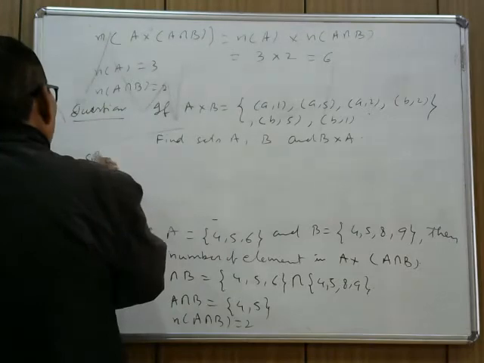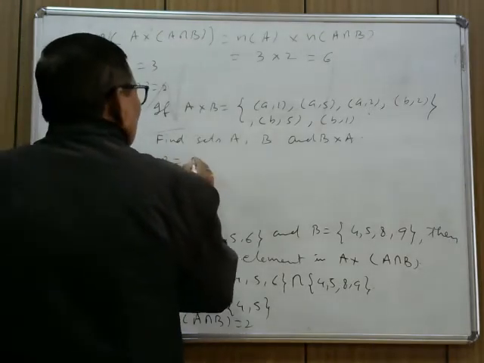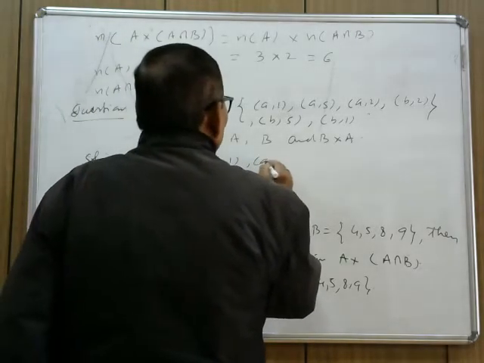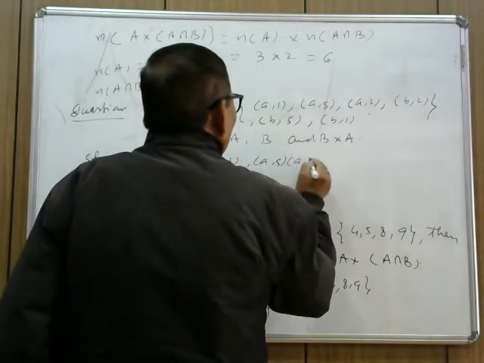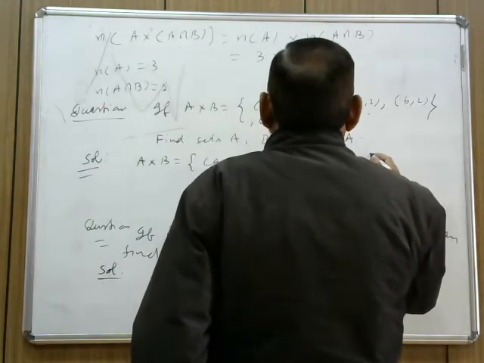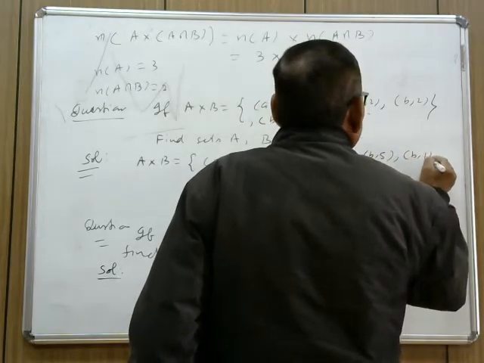Now the solution, how can you write the solution? You must see that your A cross B is given as {(a,1), (a,5), (a,2), (b,2), (b,5), (b,1)}.